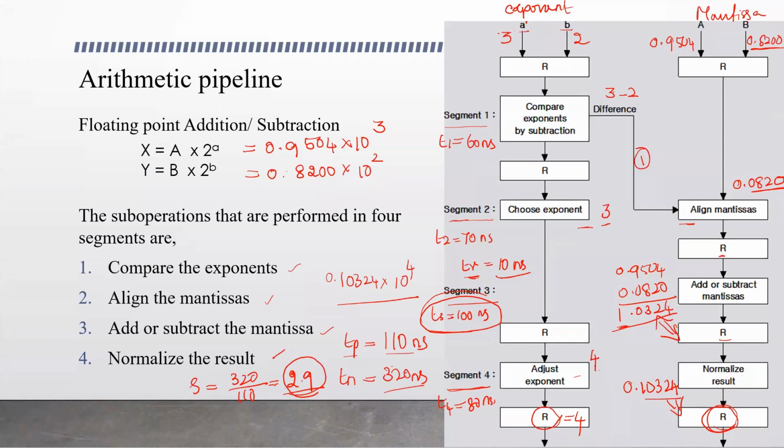The speed up ratio of the pipeline system over a non-pipeline system is 2.9, which means it is 3 times faster than the non-pipeline system. Performing these operations parallelly, dividing into sub-operations and running in a pipeline unit is 3 times faster than performing the same operation in a non-pipeline system.